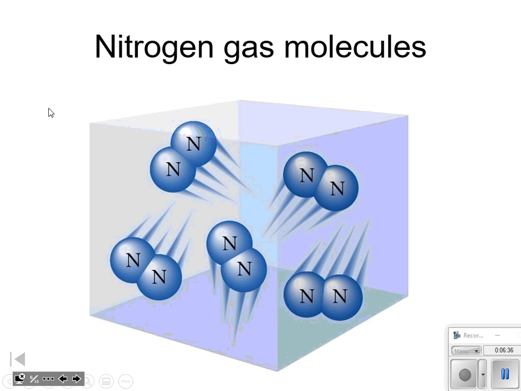Pretty descriptive. So when we see this nitrogen, we know anytime that we have nitrogen, it is going to be diatomic with the subscript 2, because there's going to be 2 of them. So if I'm writing this out for nitrogen right here, it would be N2.